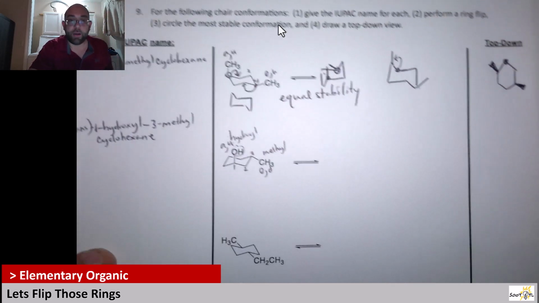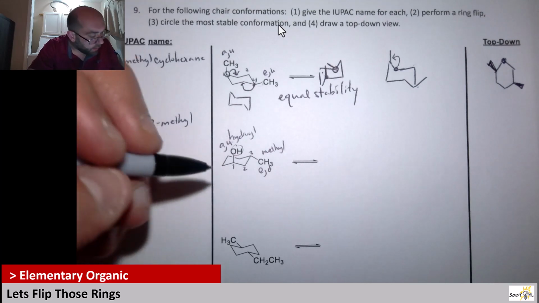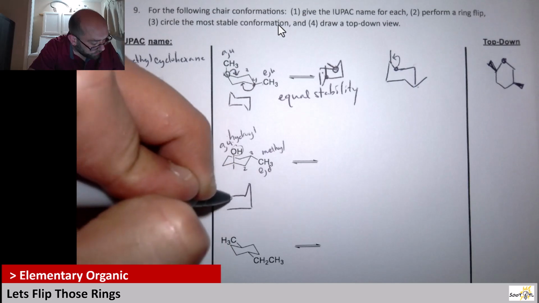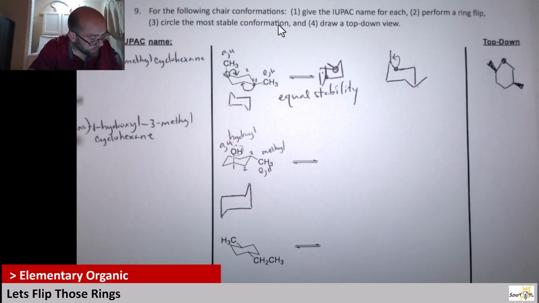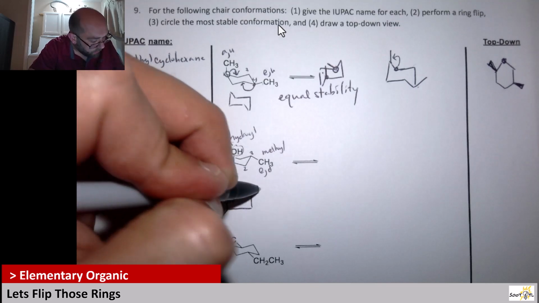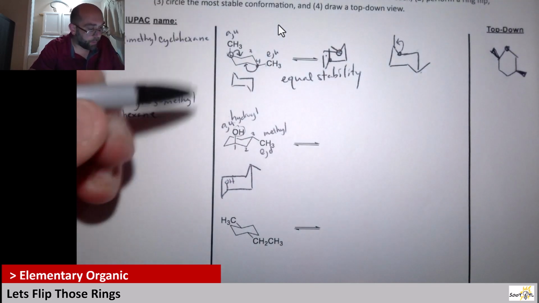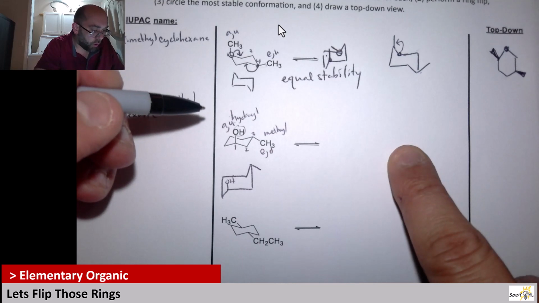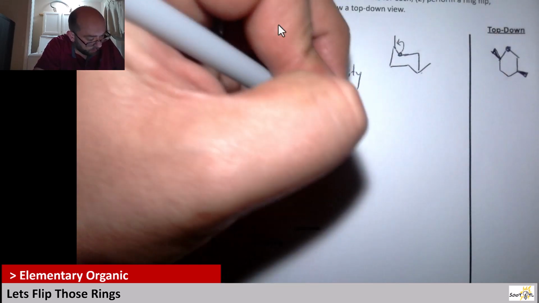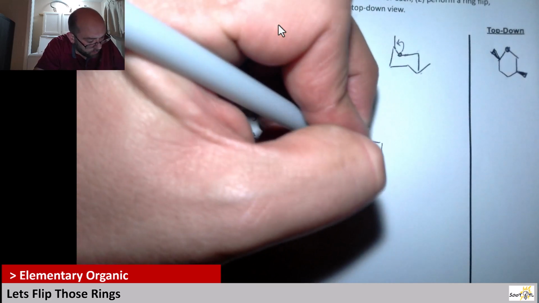Now in doing the ring flip, it looks like the original view for this is something like that. So we have a hydroxyl that's axial, a methyl that's equatorial. Remember, when we do the ring flip, we draw the mirror image of this chair. So I would start by drawing it like that.